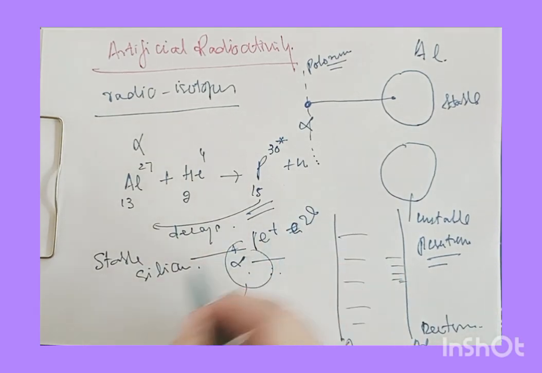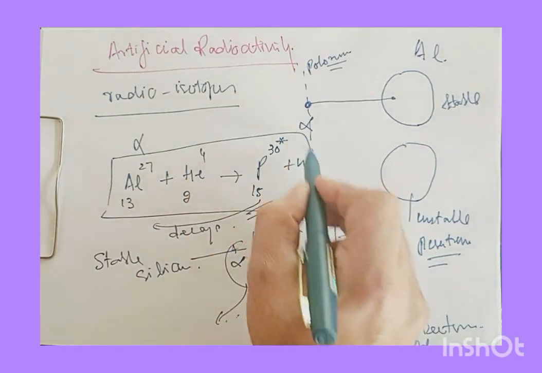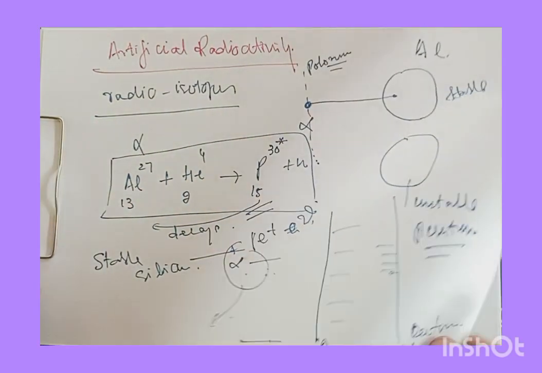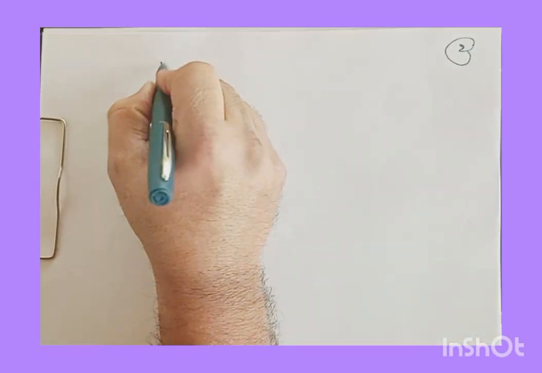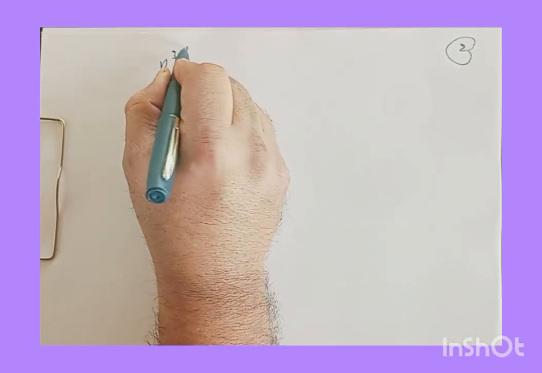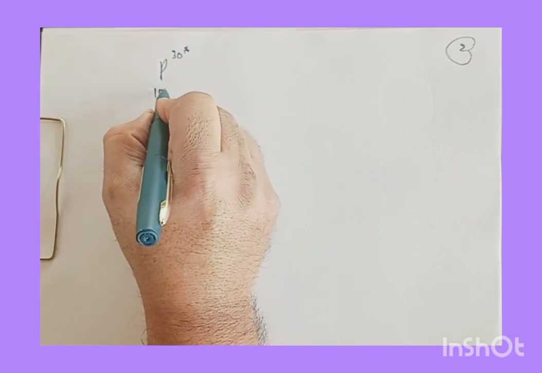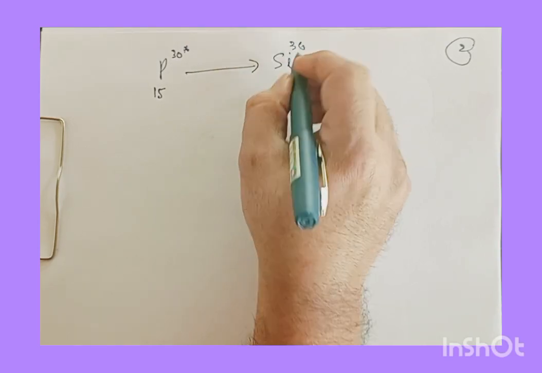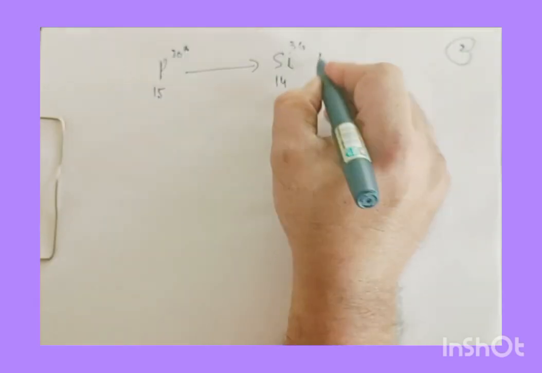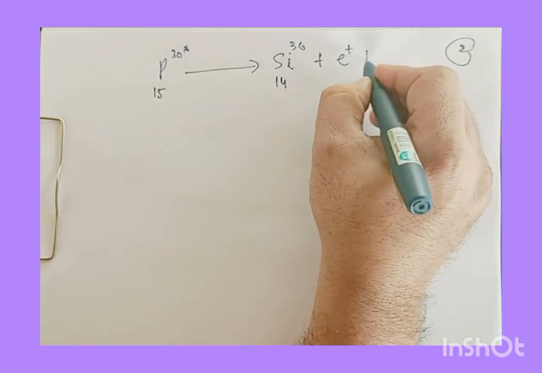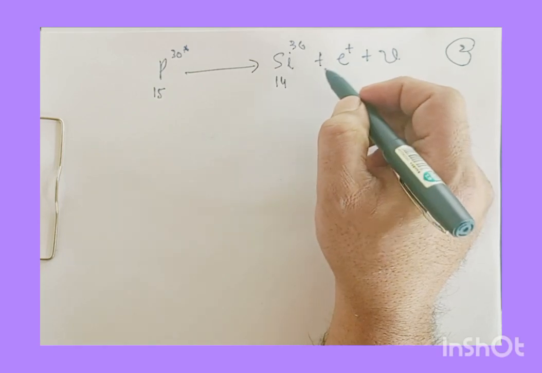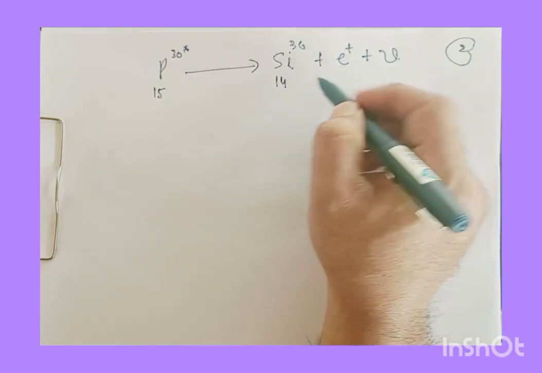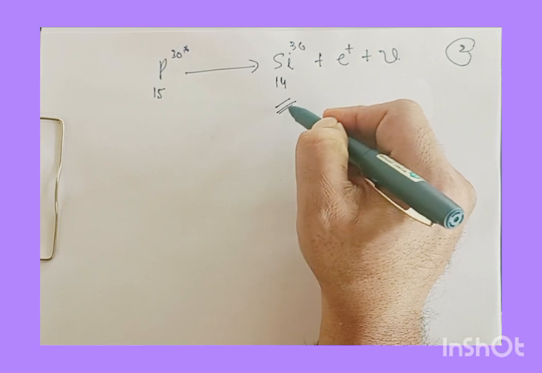So the reaction proceeds. You have instigated a reaction like this, and we have P30 star, the excited state of P, and what we get out of it is silicon 30, 14, and in addition positrons and neutrinos. The radioisotope is practically another element.